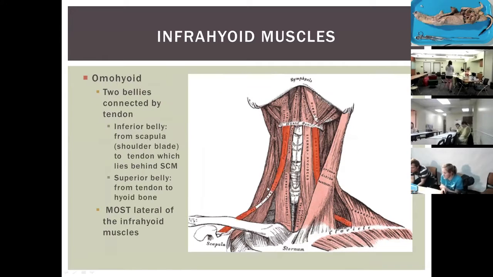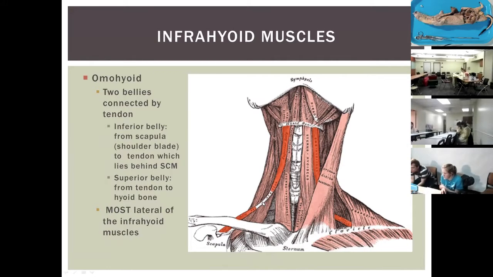And the last one we're going to talk about is the omohyoid muscle. It has 2 bellies, an inferior belly, meaning lower, which you can see I'm on right now, and a superior belly, meaning upper, the one I have my mouse on now. Let me back up a second: those bellies are connected by a tendon, which is this white part right here.